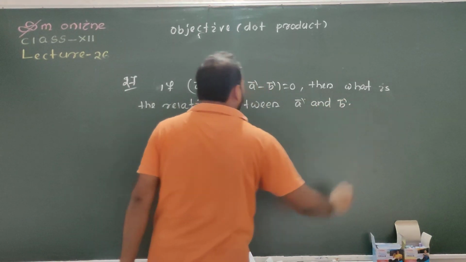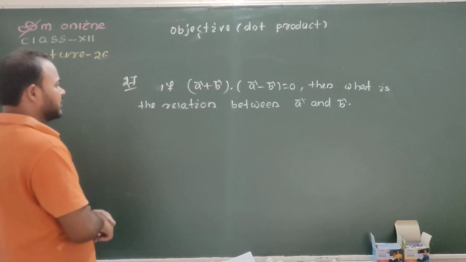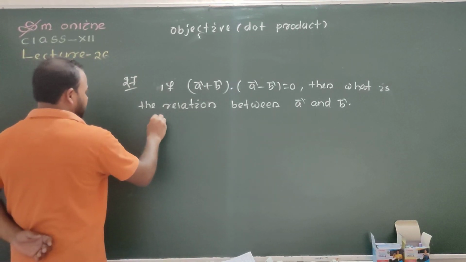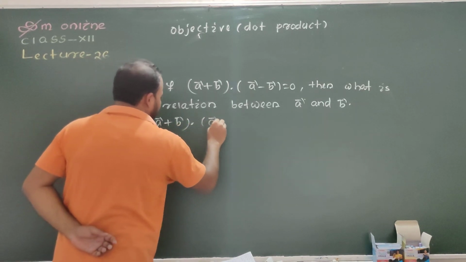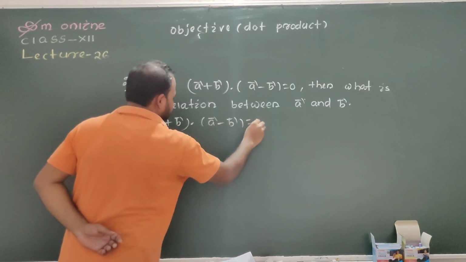Okay, so here vector a plus vector b dot vector a minus vector b equals 0.